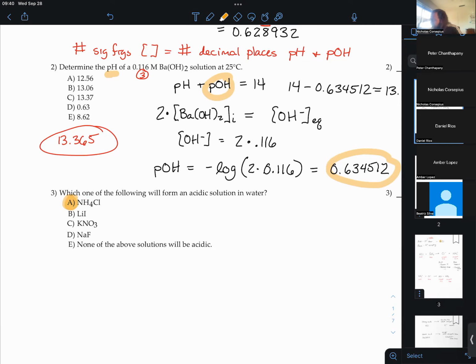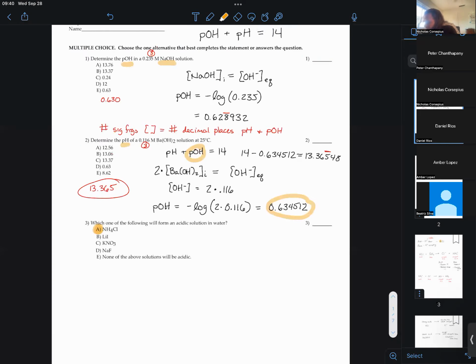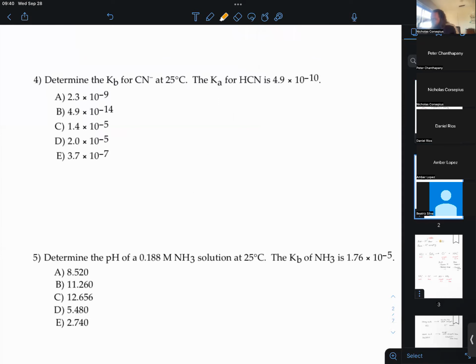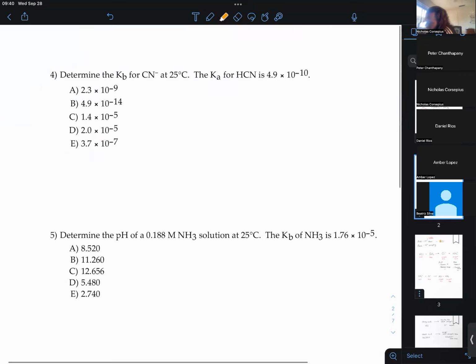All right. Let's go to our next one here. So this says that it wants to know the Kb of this cyanide ion, given the Ka of the acid form.